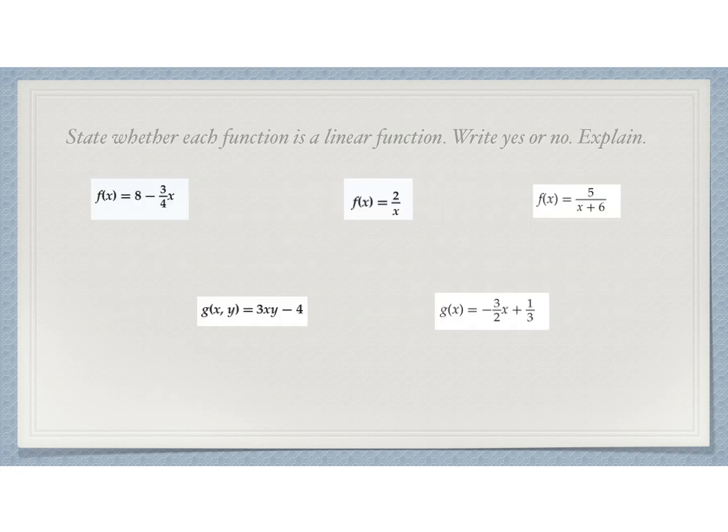So this one is asking, state whether each function is a linear function, write yes or no, and then explain. Now this first one is a linear function, so I'm going to write yes. The explanation being the x has an exponent of 1 and the x and the y are not together. For number 2, it's not a linear function because the x is in the bottom of the fraction.